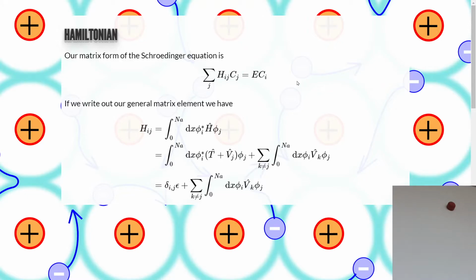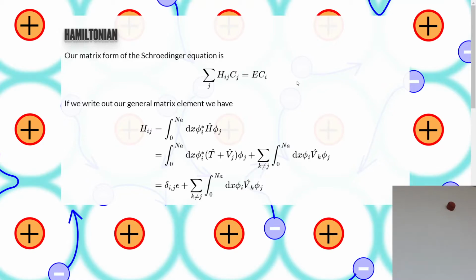Now we do what I said. We rewrite our Hamiltonian as the kinetic energy plus the potential energy of one of the atoms J, the one that corresponds to the basis function on the right.